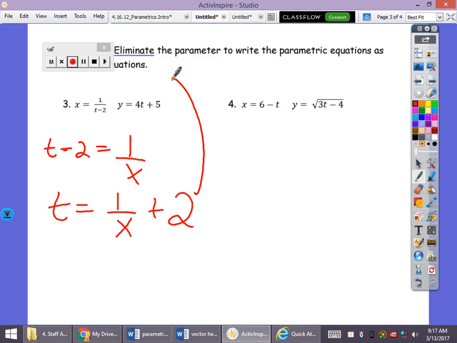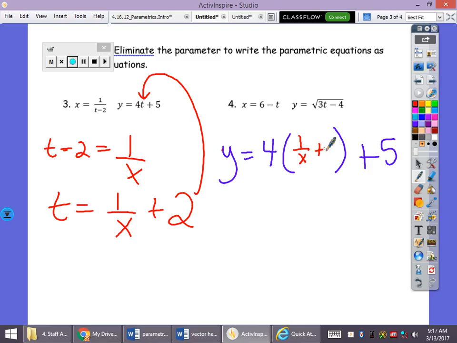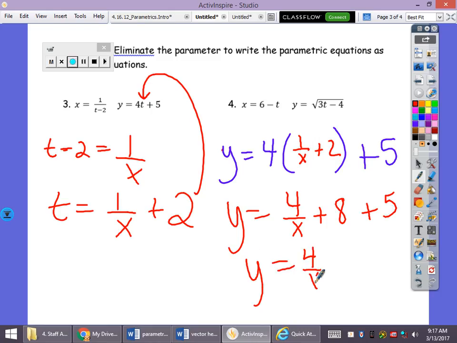Now I'm going to plug it into this equation right there. Y equals 4, and in parentheses will be 1 over x plus 2. So y equals 4 over x plus 8 plus 5. So y equals 4 over x plus 13.